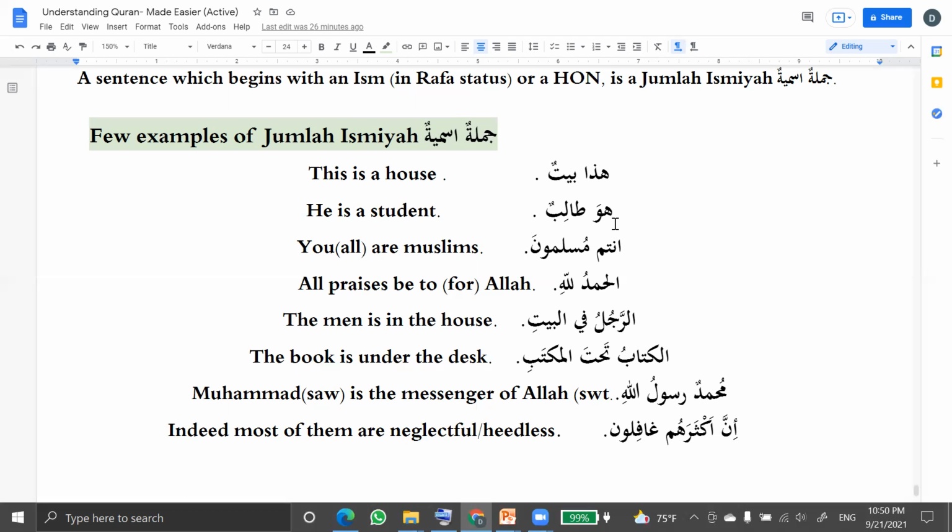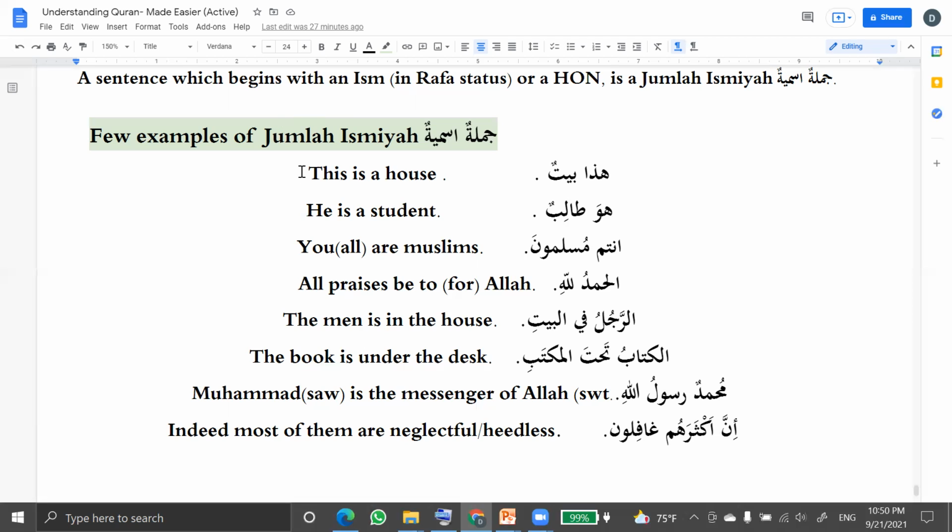So this sentence is starting with an ism which is rafa in status, and the later half of the sentence, talibun, is telling about he. Who is he? A student.